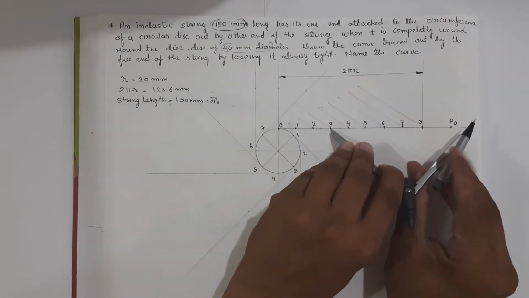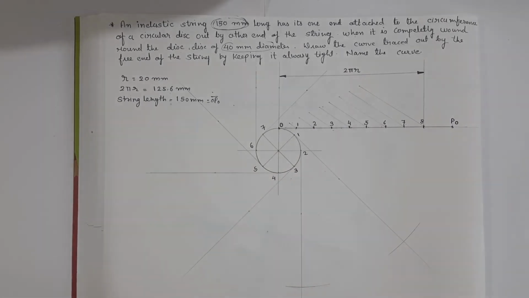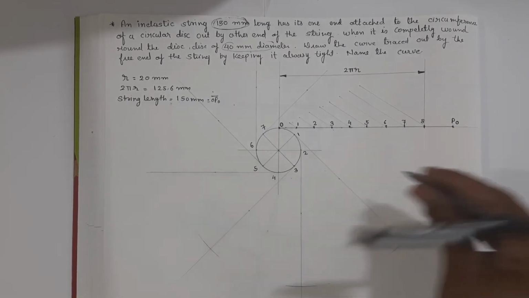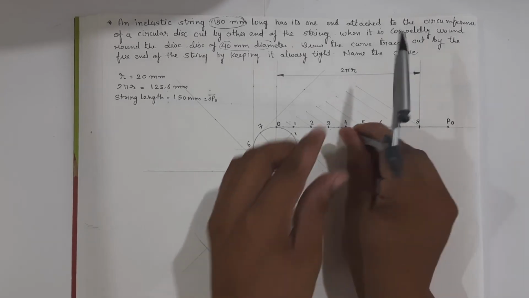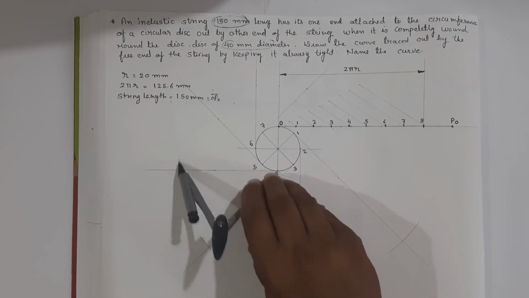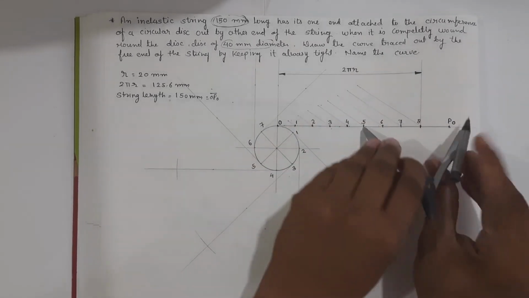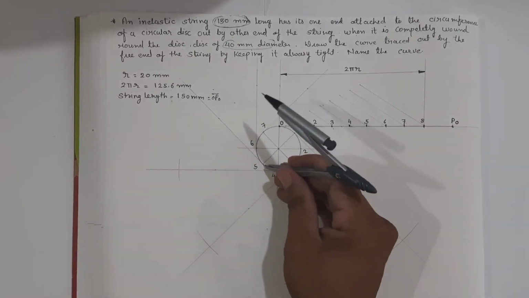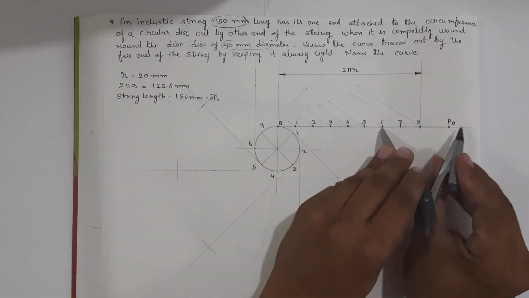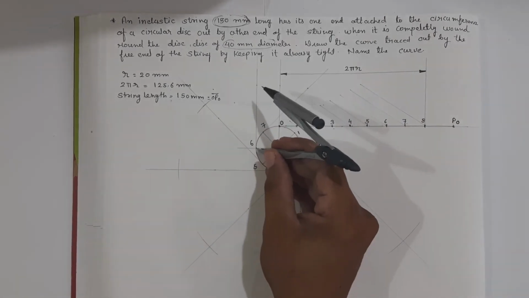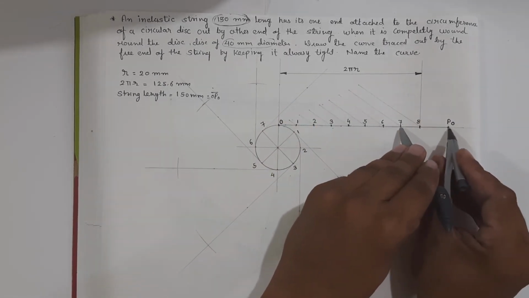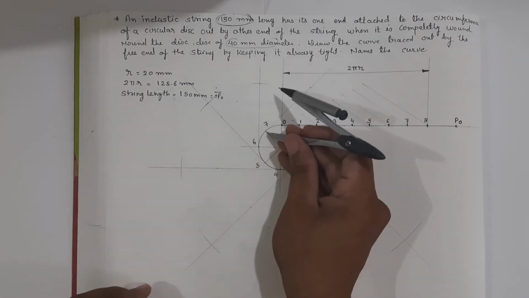Measure 3 to P0 distance on the rounder. Put your rounder on the third point of the circle and give an arc on the tangent passing from the third point of the circle. Same for 4 to P0, give an arc; 5 to P0, give an arc; 6 to P0, give an arc; 7 to P0, give an arc.